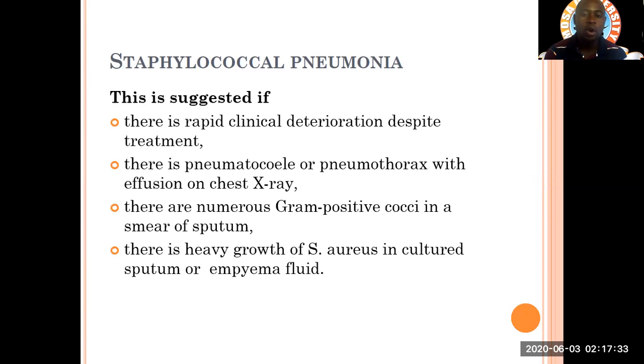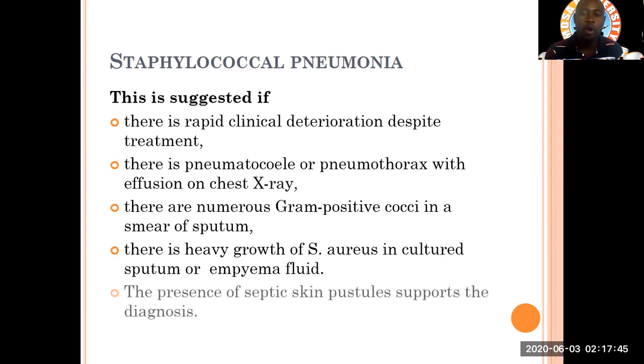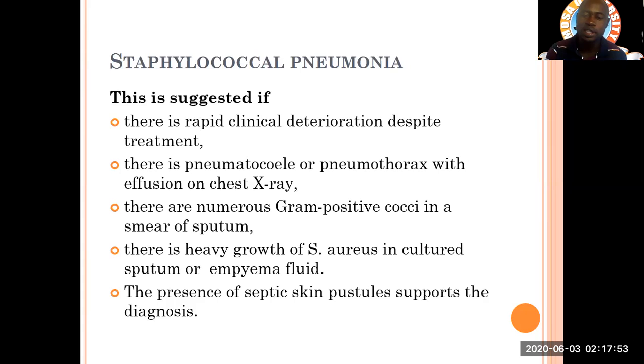If you do the cultures, you find gram-positive cocci on the smear of sputum. There is a heavy growth of Staphylococcus aureus, or you may also find empyema fluid. Also, what supports the diagnosis is skin pustules.